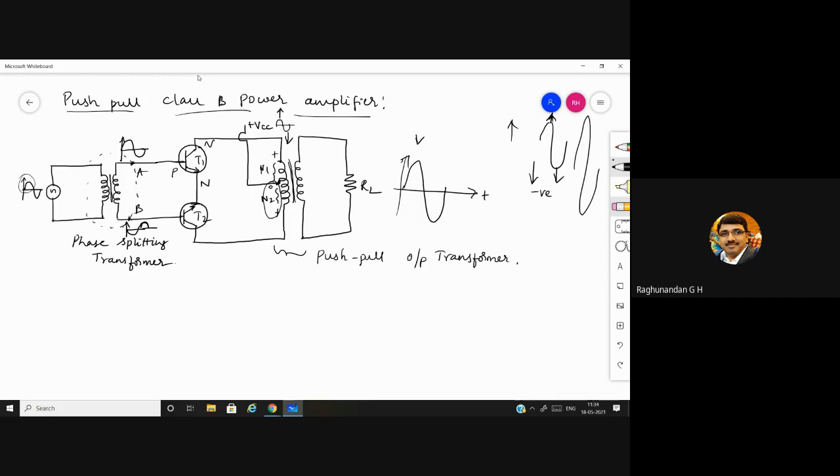So you'll be getting a positive signal, because the signal will start from 0 and end at the maximum positive level. Since this is from 0 to plus in the lower direction, even though you are getting a positive half cycle, it gets inverted and will be coming here. This is because of T1 and this is because of T2. So this is how it is going to work.